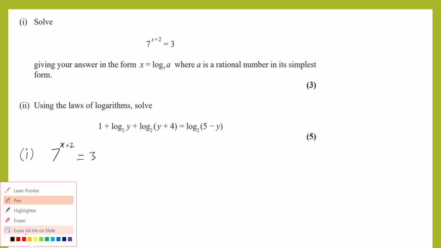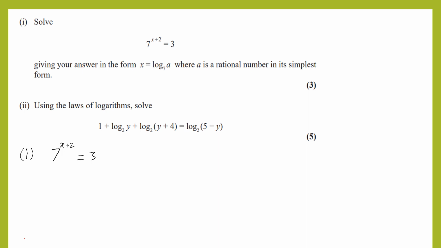What we'll do here is split this. It will be 7 to the power of x multiplied by 7 squared equals 3. So it's 7 to the power of x multiplied by 49 equals 3. So we can make 7 to the power of x equals 3 over 49. This is a rational number.